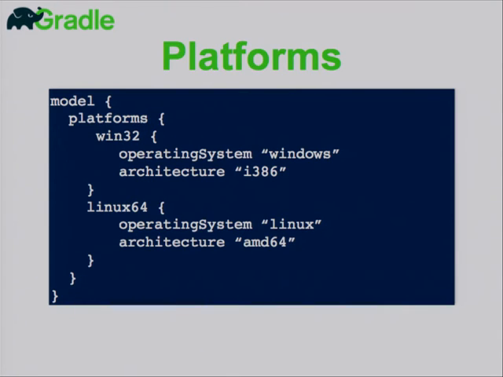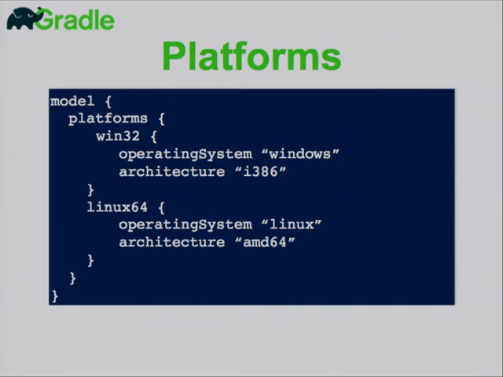Platforms is slightly different than the other two in that Gradle does have an inherent knowledge of what these things mean. Gradle doesn't have a built-in knowledge of what debug and release mean to you. So you define what they mean. But we do have a built-in knowledge of what platforms mean because we need to use the toolchain in the correct way in order to build for those platforms.